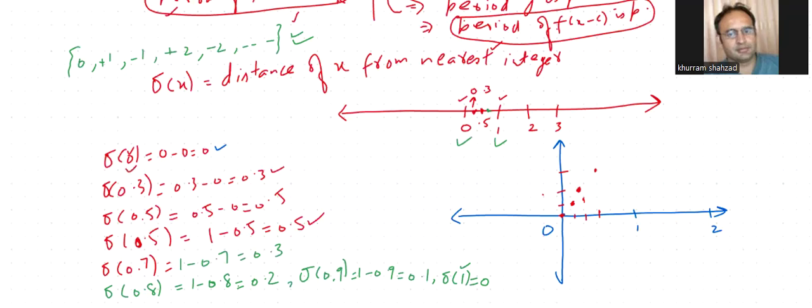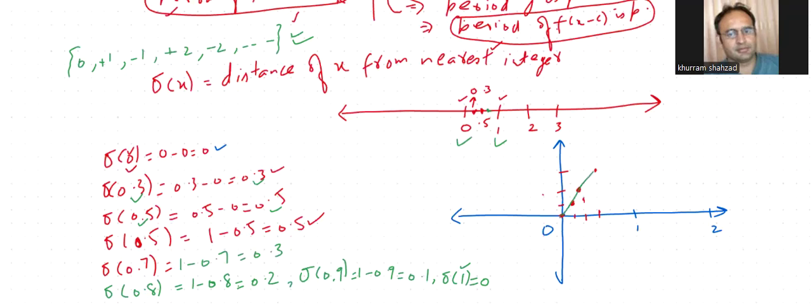At 0.3, its value is again 0.3. At 0.5, its value is 0.5. So between 0 and 0.5, its value is the same as input. So this is a straight line in this case, from 0 to 0.5.